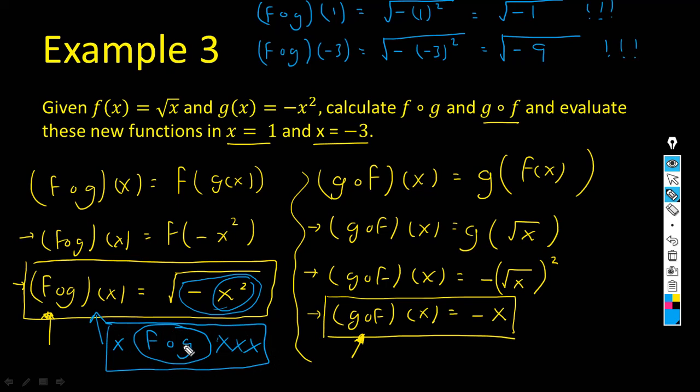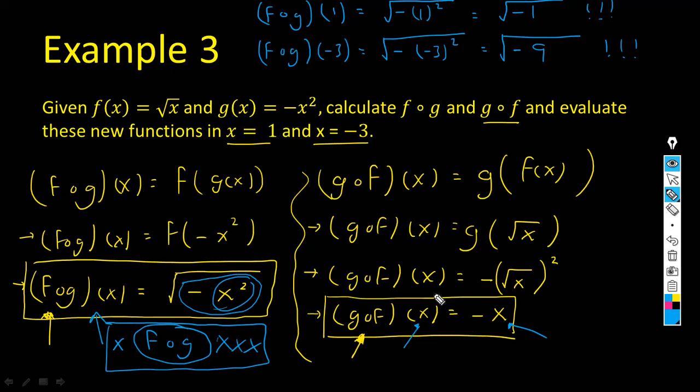I cannot do this. Now on the other hand, g of f of x is simply minus x, and this function is a very decent function. It can be evaluated anywhere. Doesn't matter what value I put here. This function will always have an output, a decent normal output.